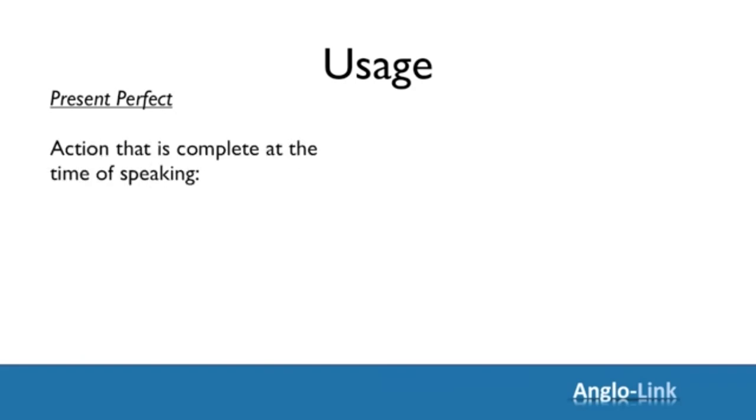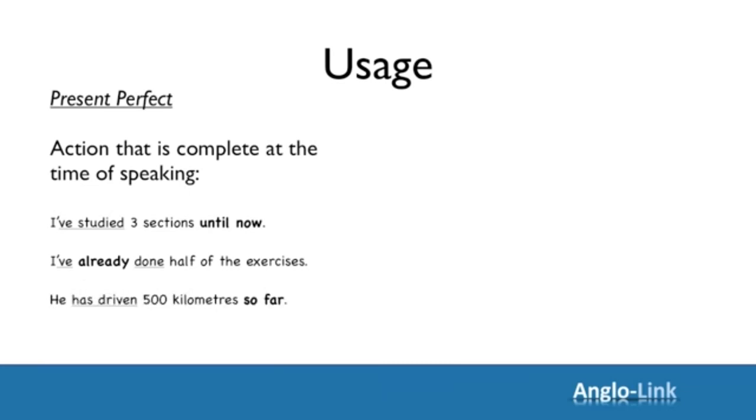Right, recap on the usage of present perfect, which we looked at in the previous video. Action that is complete at the time of speaking. Examples were, I've studied 3 sections until now. I've already done half of the exercises.